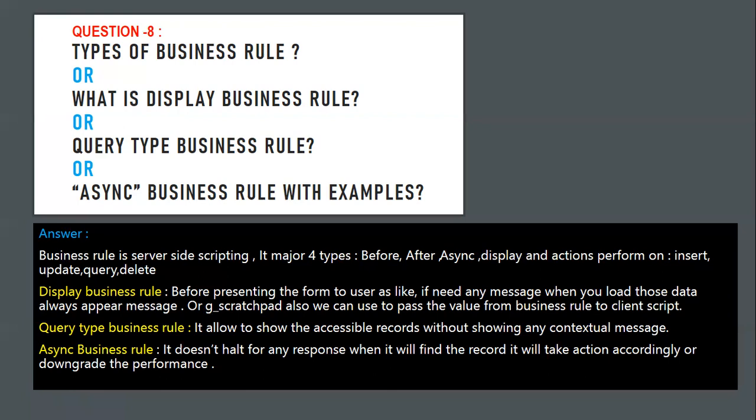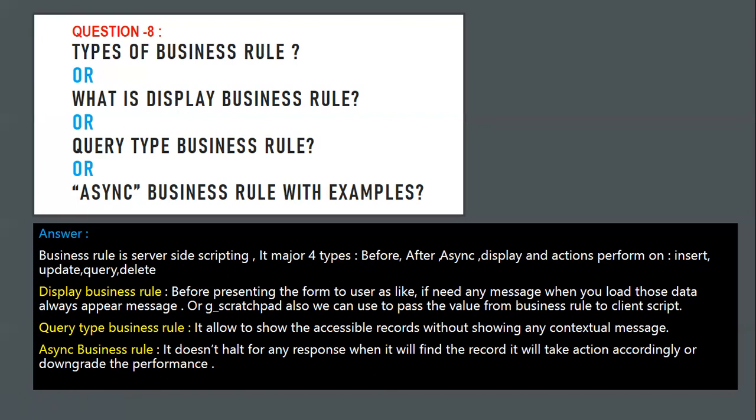If you are restricted, it will show a message like '100 records hidden or restricted due to security constraint'. But when you are using the query business rule, it will automatically filter, and there is no contextual message.